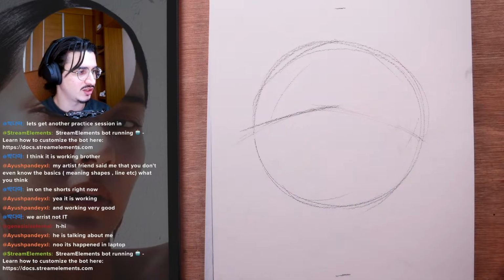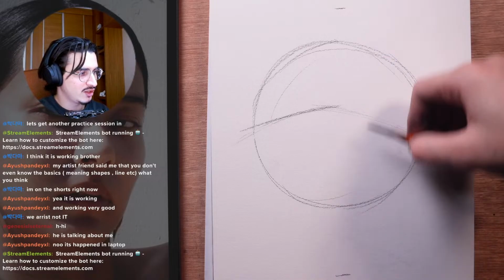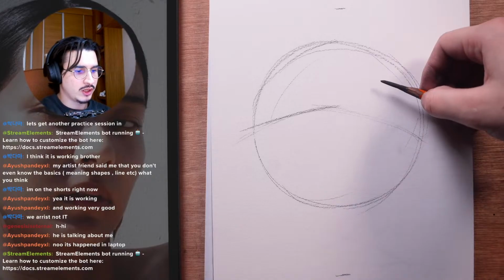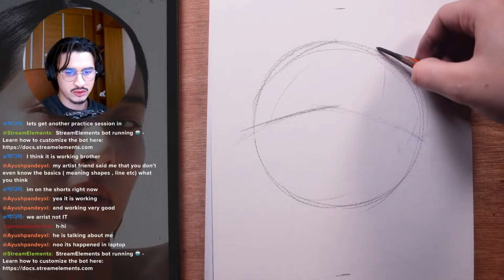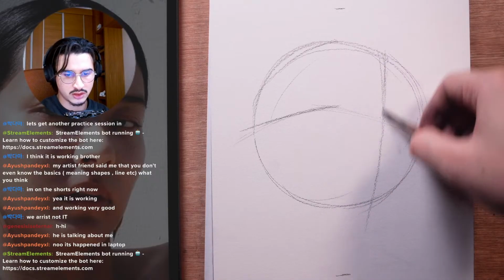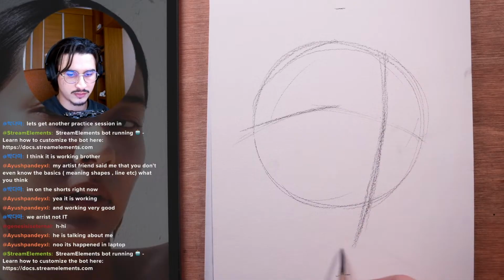Yeah, I think that's two. I'm still waiting. Thank you, Art Simplified. Well, Ayush, you can try it, yeah. Or you can just pick another reference and draw it if you think it's a little hard for you.